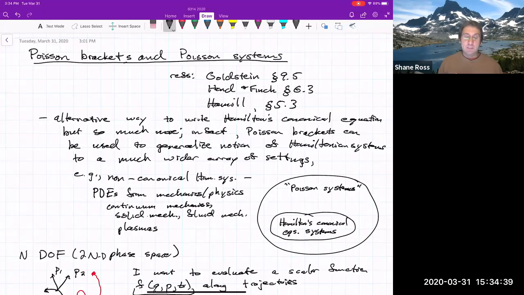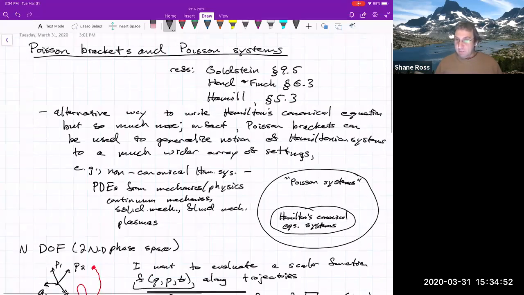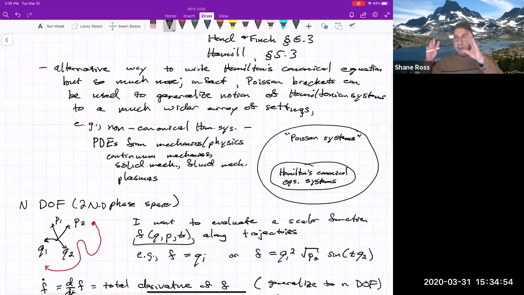So not just finite dimensional rigid body and particle systems, but PDEs related to continuum mechanics. That's what this Venn diagram on the right shows: we call this larger extended set the Poisson systems, and a subset of that are Hamilton's canonical equations, which is what we've basically talked about up till now. So what's this next part?